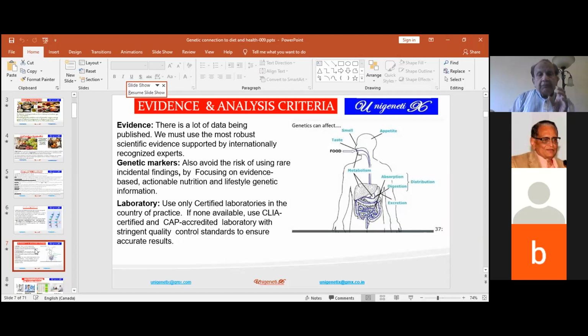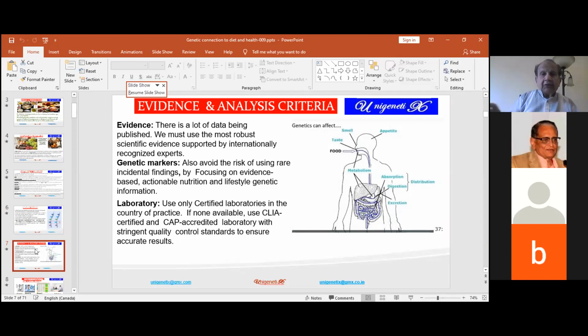We must use the most robust scientific evidence supported by internationally recognized experts, because everybody is trying to have their say in the matter. Genetic markers. Also avoid the risk of using rare incidental findings.